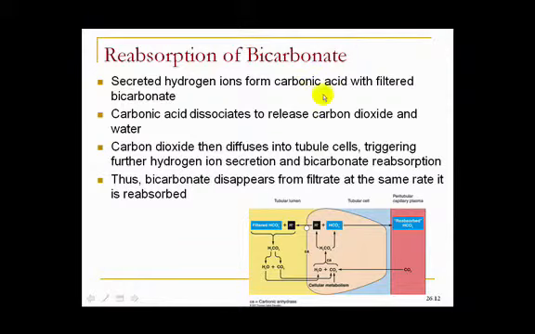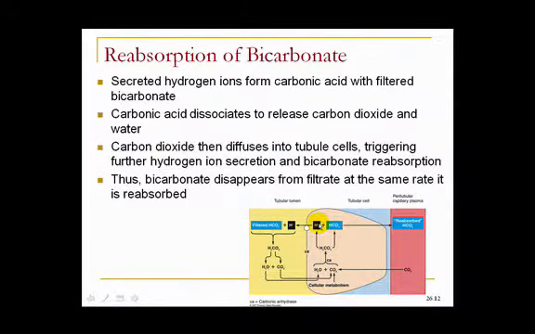You filter bicarbonate, and it will bind with a hydrogen ion to form carbonic acid, which will dissociate into water and carbon dioxide. Now this carbon dioxide can diffuse into the epithelial cell, and in the epithelial cell you have the enzyme, remember, carbonic anhydrase, which causes carbon dioxide and water to form carbonic acid, and then it will dissociate into hydrogen ions and bicarbonate.